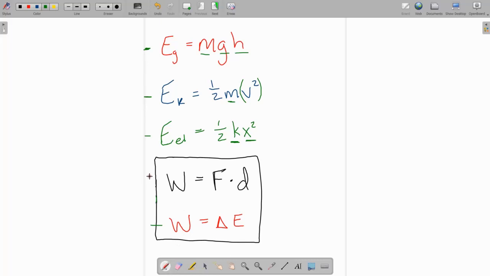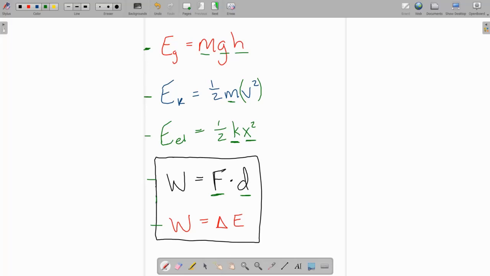And then if you're just trying to calculate work, like let's say you don't have enough to calculate the change in energy, work is the force that was applied to something times the distance that force was applied for. So if I pick up my calculator and I lift it up above the desk, I've done work to that calculator. It has now gained gravitational potential energy.